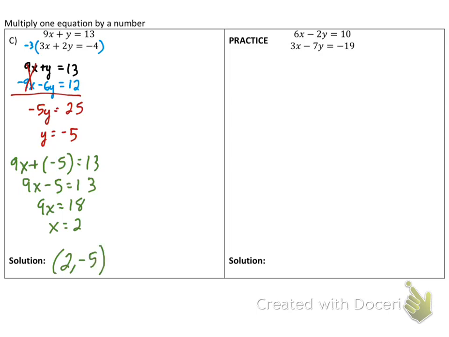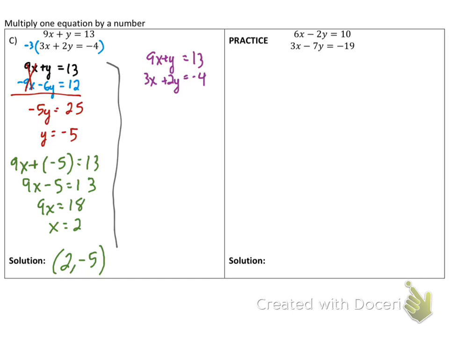Now, in this one, we could also have solved for the x first by eliminating the y's. So let's say we started with our original system, 9x plus y equals 13 and 3x plus 2y equals negative 4. And let's say we want to eliminate the y's.